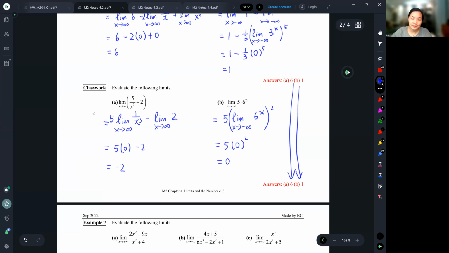Is that okay? Now, of course, a lot of students can see the answer and think, do I really have to write this? Just maybe for the first week, okay?